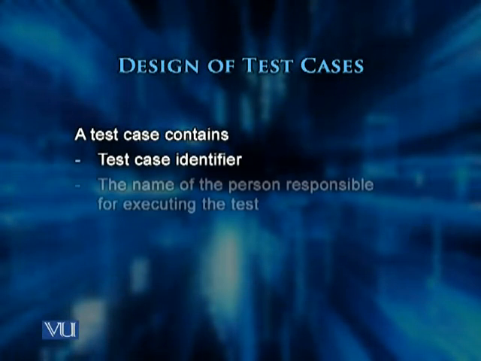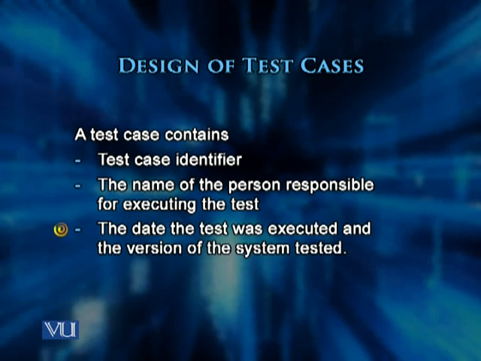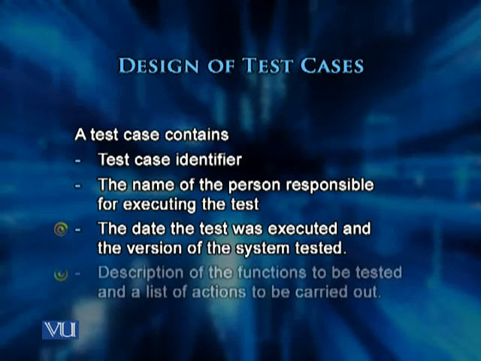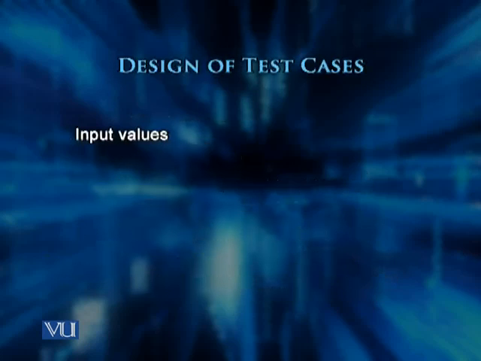Typically, a test case contains an identifier, the name of the person who is going to execute the test, the date on which the test was executed, and the version of the system that was tested. It also contains the description of the functions to be tested and a list of actions to be carried out. A test case also contains input values.